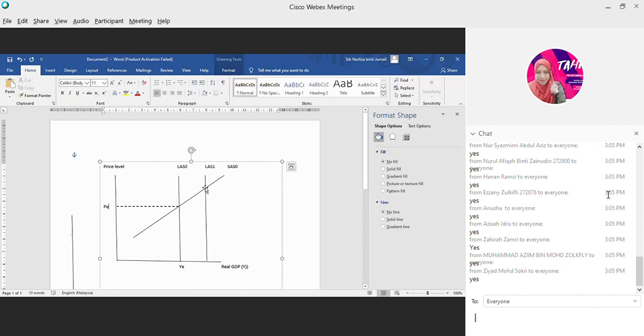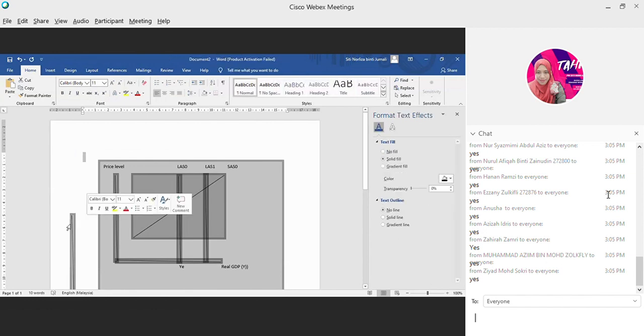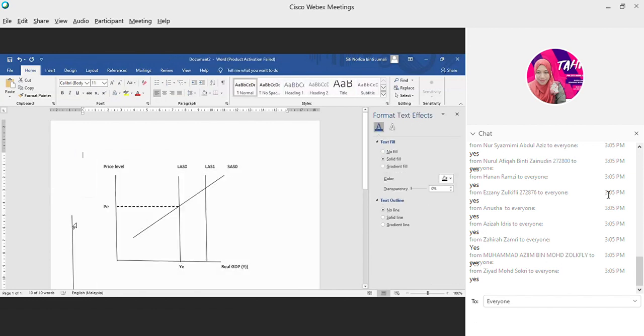But then you have to remember, I already mentioned just now, when the long run shifts, the SAS also shifts. It will follow what happened to the LAS. If LAS shifts to the left, then SAS also shifts to the left. But now LAS shifts to the right, so now the SAS also must shift to the right.